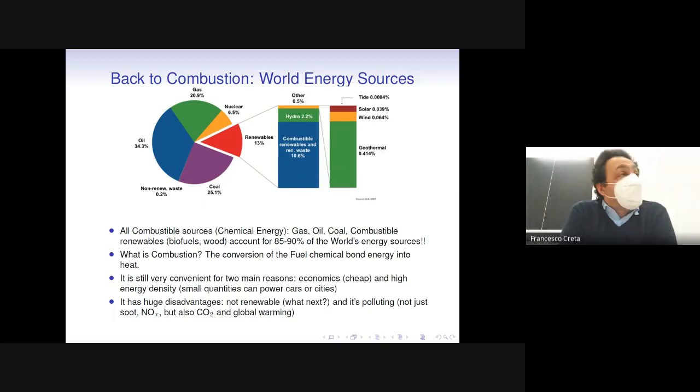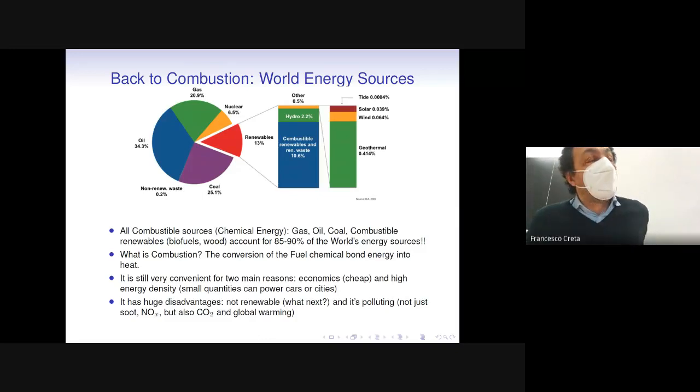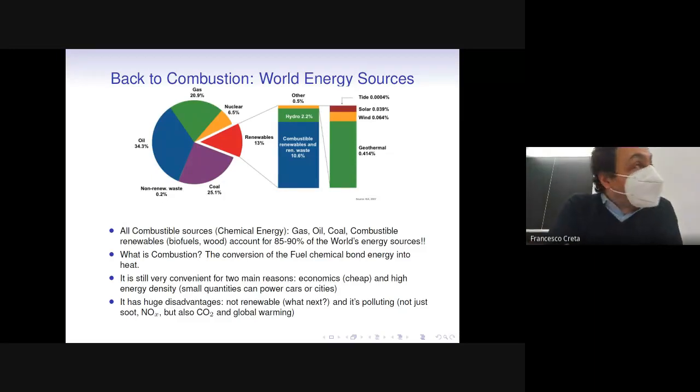What we have done, through the extraction of fossil carbon reservoir fuels and burning them at a rate of about 10 gigatons per year of carbon atoms, is displace carbon atoms, taking them from solid or liquid reservoirs and putting them back into gaseous form, bound in a carbon dioxide molecule, which happens to be a greenhouse gas.